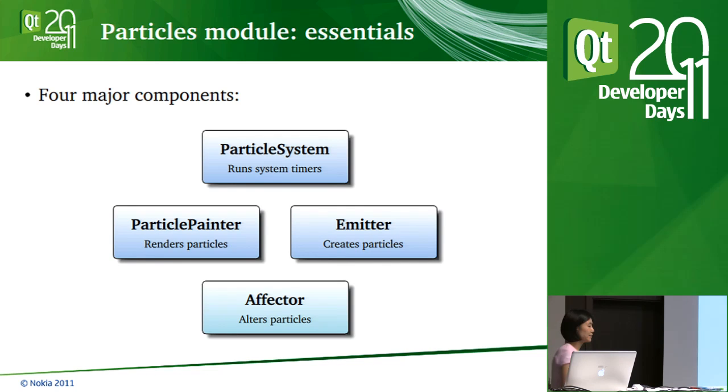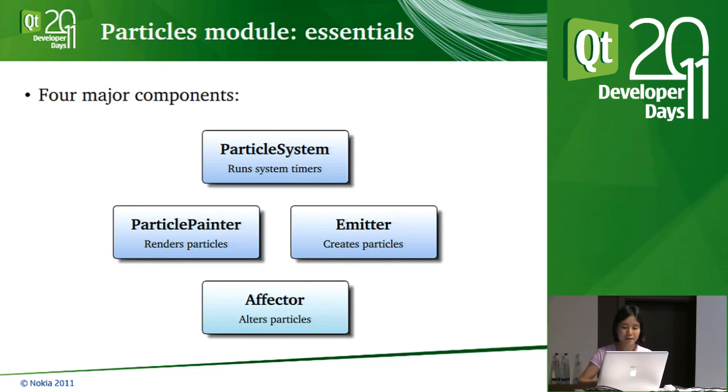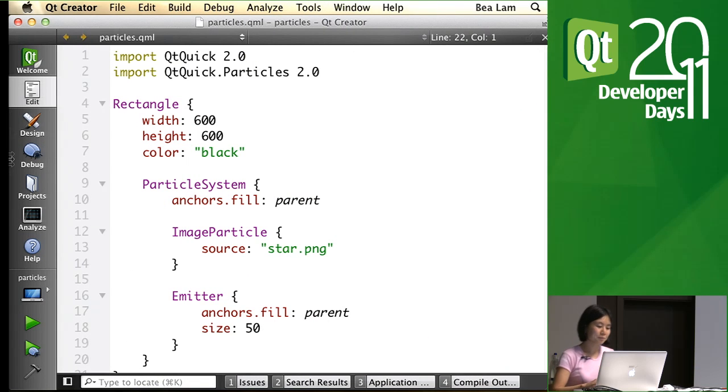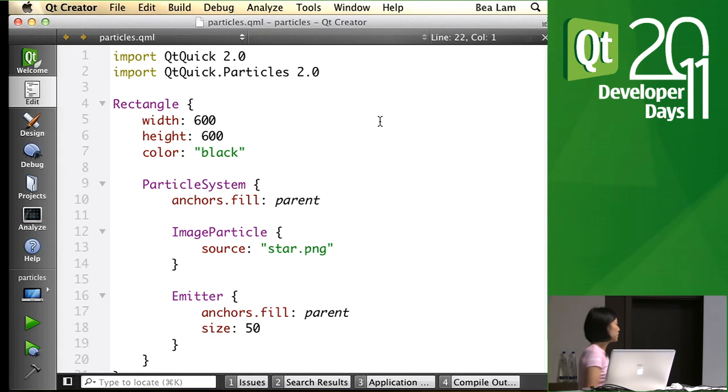So enough talk, let's dive into some code, and I'll show you how easy it is to use particles. So here's a really simple setup. We've imported the new QtQuick particles module. And then here we've got a simple 600 by 600 rectangle that's black.